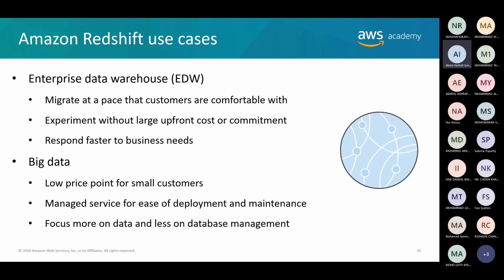And big data customers have one thing in common: massive amounts of data that stretch their existing systems to breaking point, and smaller customers might not have the resources to procure the hardware and expertise that is needed to run these systems. So with Amazon Redshift, smaller customers can quickly set up and use a data warehouse at a comparatively low price point.